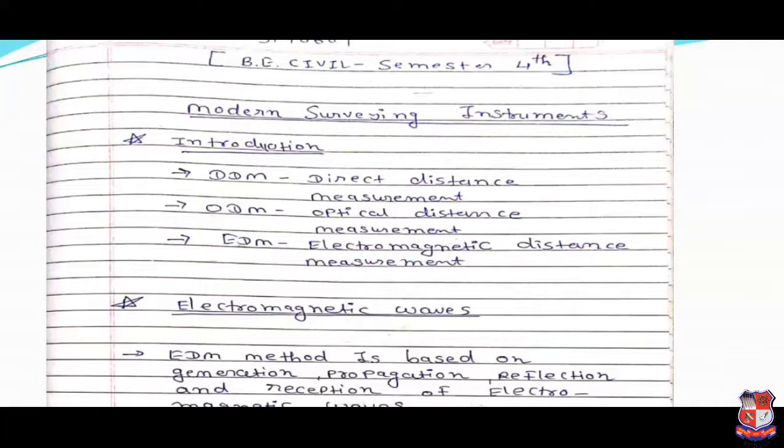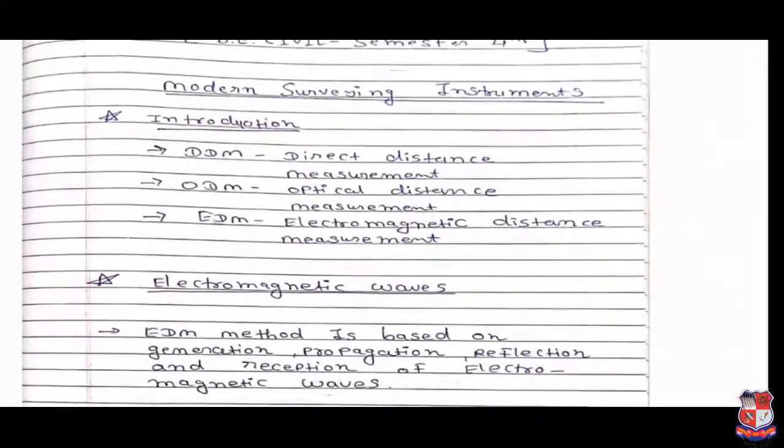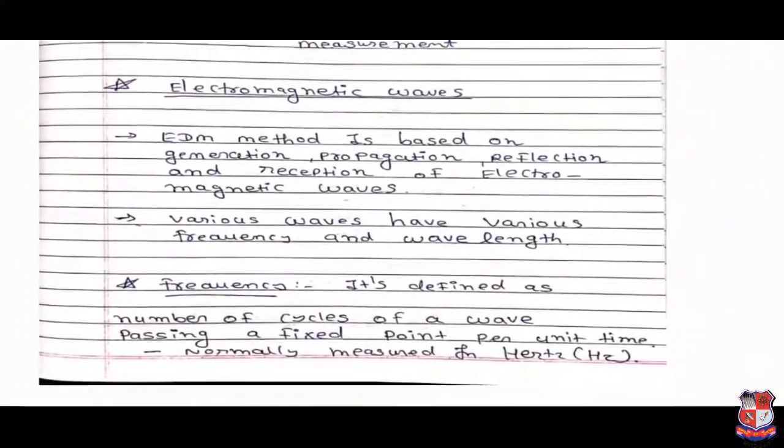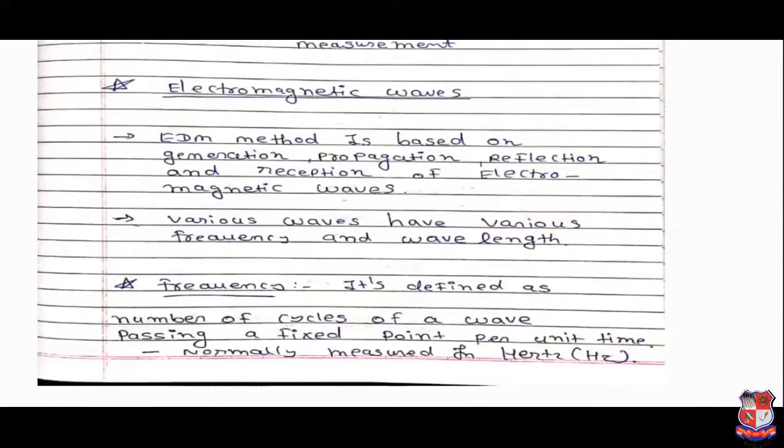So the working of this type of EDM instrument can be understood by the wave phenomena. The EDM method is based on the generation, propagation, reflection and reception of electromagnetic waves. Electromagnetic waves are nothing but the combination of electric and magnetic fields, generated as waves called electromagnetic waves.